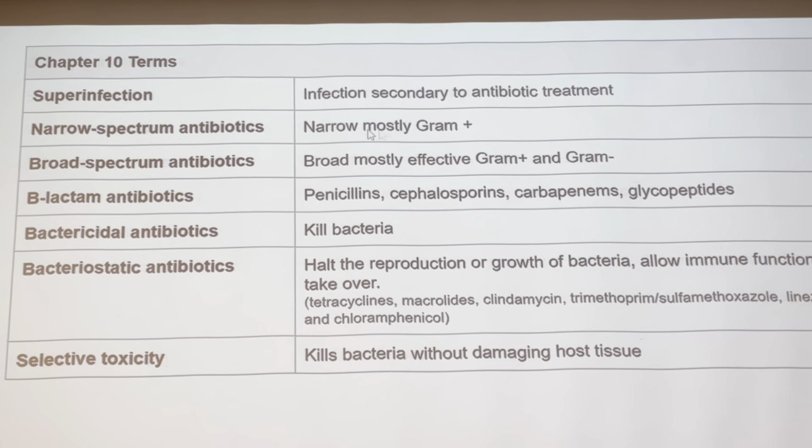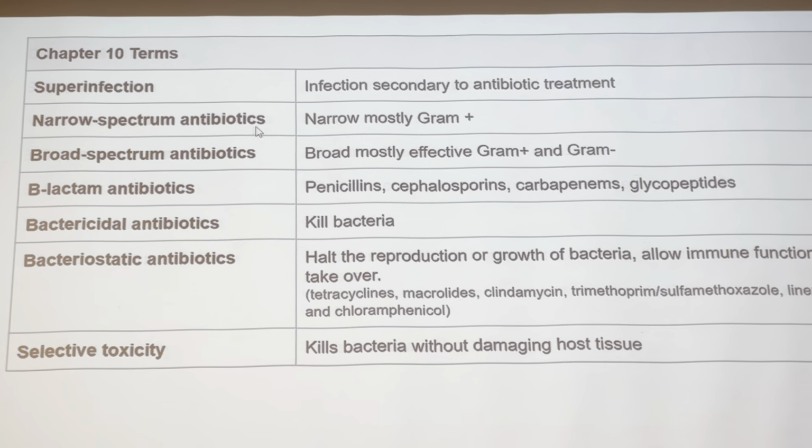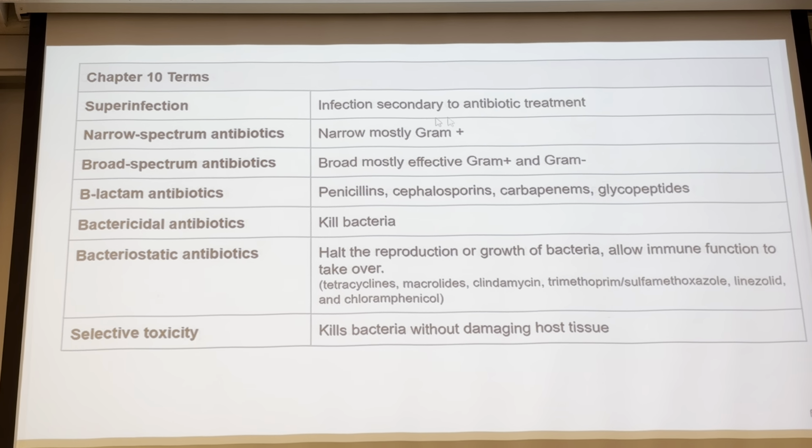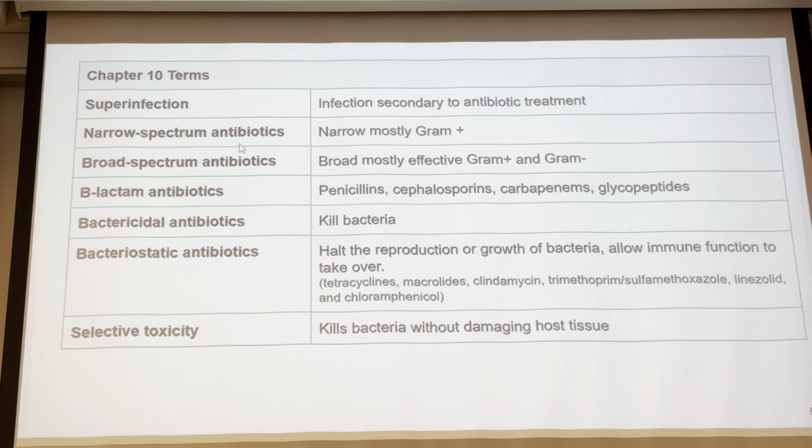So that's our note card for today. Narrow spectrum antibiotics, mostly only gram-positive. We'll talk about why on Thursday. Broad spectrum antibiotics, both gram-positive and gram-negative. Beta-lactam antibiotics, those are the beta-lactams. Bactericidal will kill, bacteriostatic will halt the reproduction.